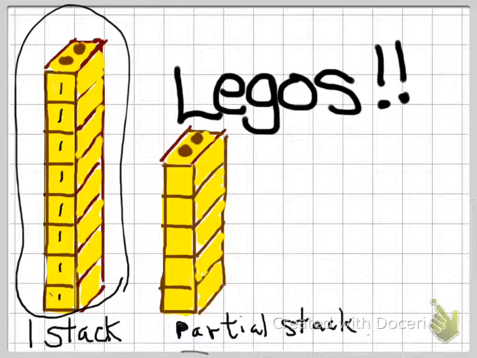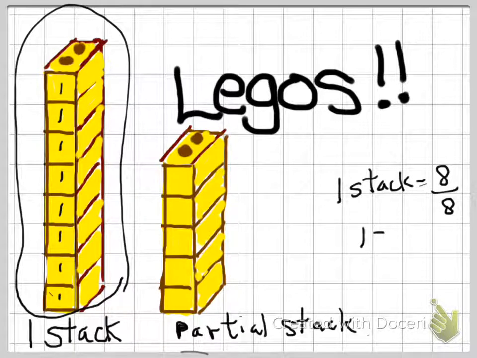So for one stack, you need all 8 out of 8 blocks. So one full stack means that you have 8 little blocks stacked on top of each other, so 8 out of 8.